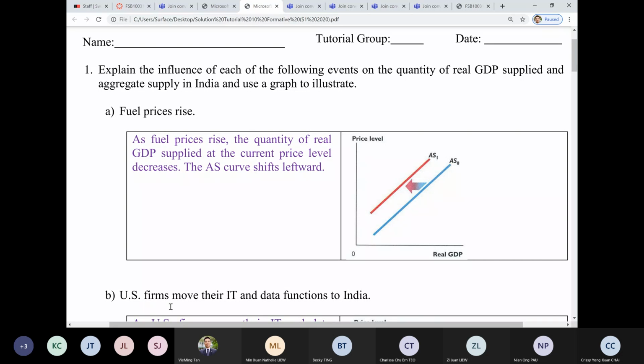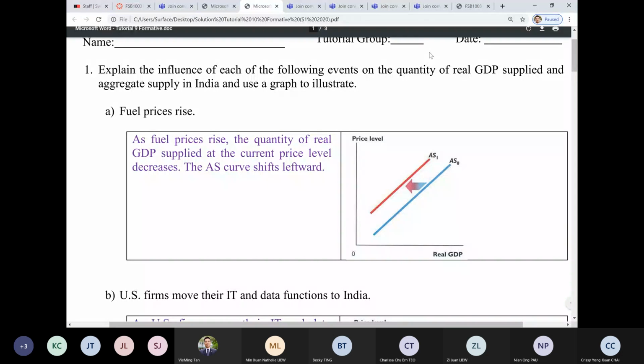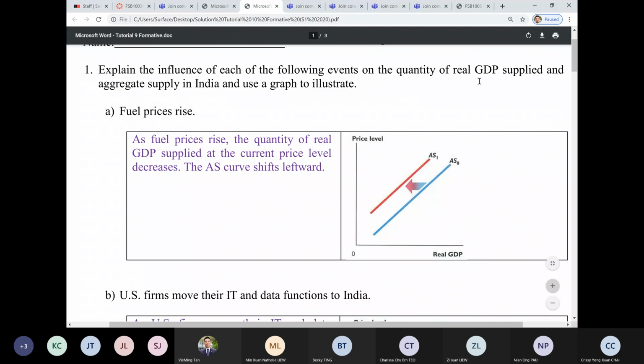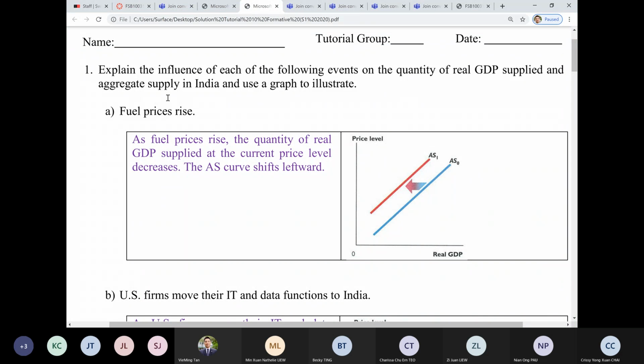If India has more resources now, will it have impact to GDP supply or aggregate supply? What is the sequence? Quantity supply or aggregate supply?